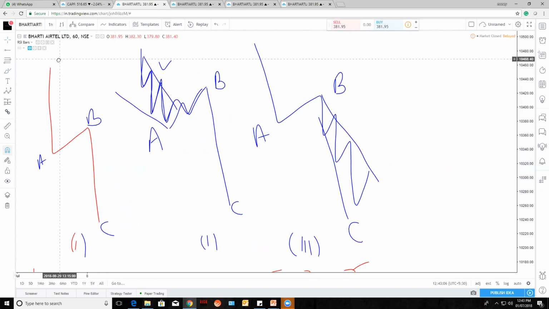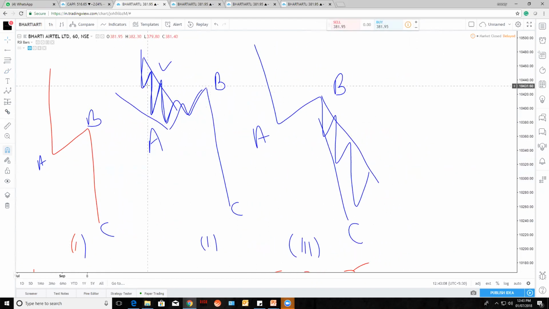And there is one more possibility that this can be a leading diagonal and this can be an ending diagonal.